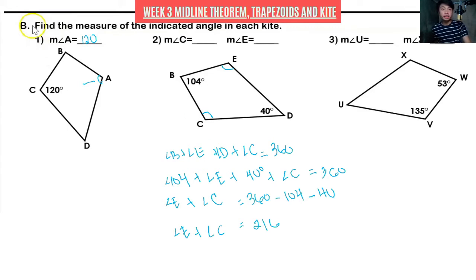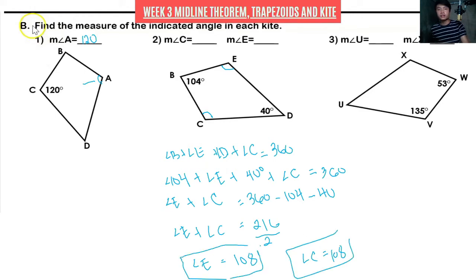Kasi tingnan nyo sa figure, si angle C, kasing buka lang nung kay angle E. So, ang gagawin lang natin, 216 divided by 2, that is, angle E is equal to 108, and also, angle C is equal to 108. So, nakuha na natin yung sagot, which is, pareha silang 108. Naintindihan po? Bakit parehas 108? Kasi one pair of opposite angles in a kite is congruent.